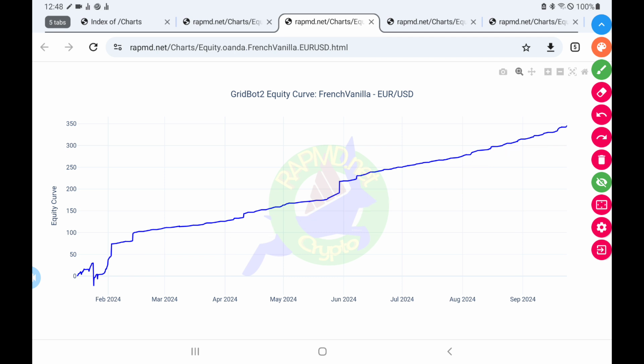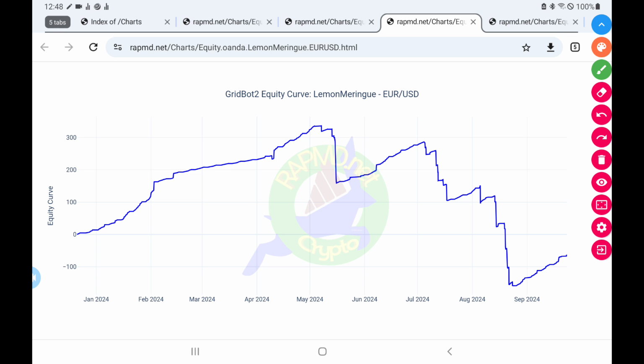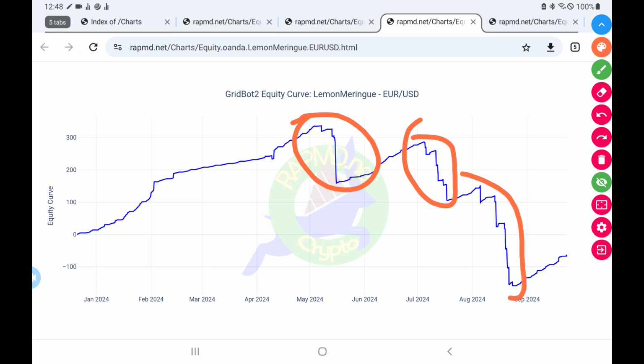So now let's look at a third account. Again, remember, these are all the same assets with different settings. And this one took a more heavier beating than even the Blueberry Cobbler, because this one was more aggressive. So we can see the aggressiveness and the lack of planning really hurt the account significantly.